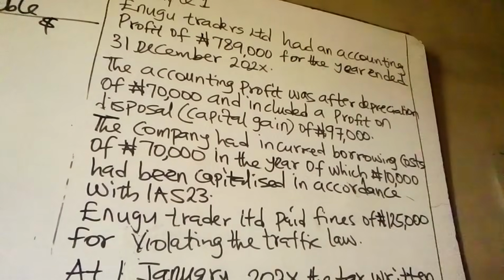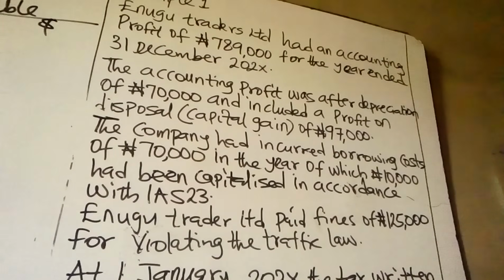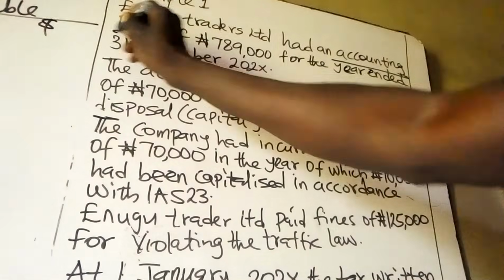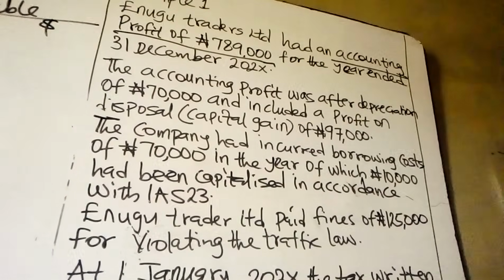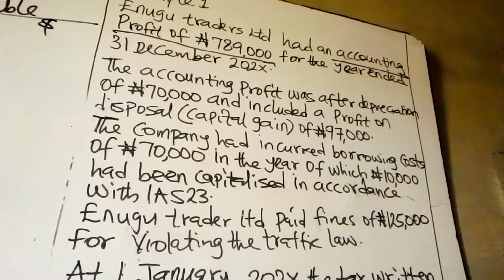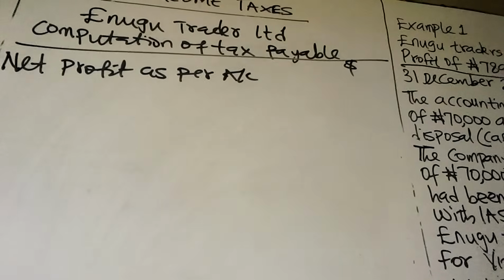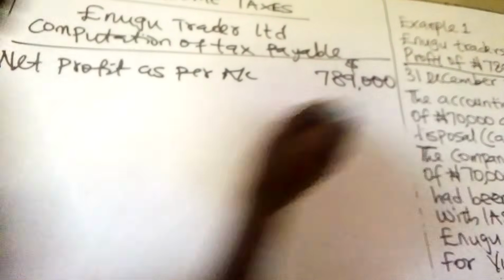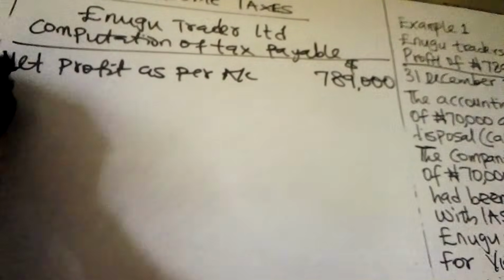We have: Enugu Traders Limited had an accounting profit of 789,000 for the year ended 31 December 2022. The accounting profit is 789,000.